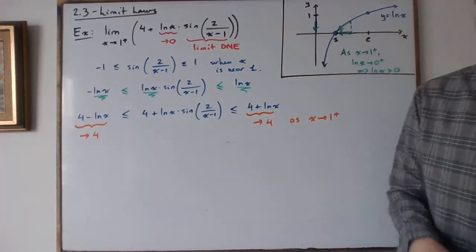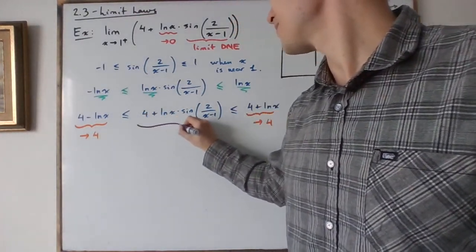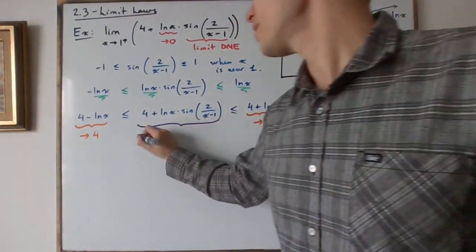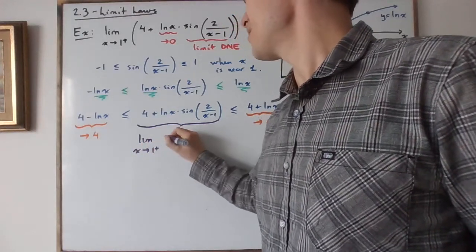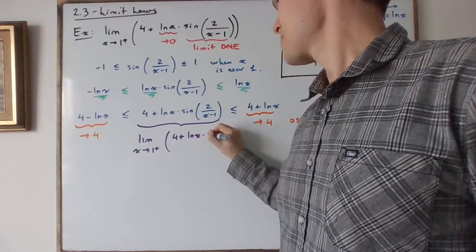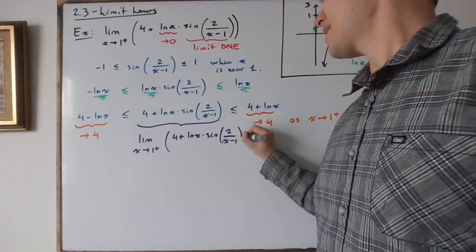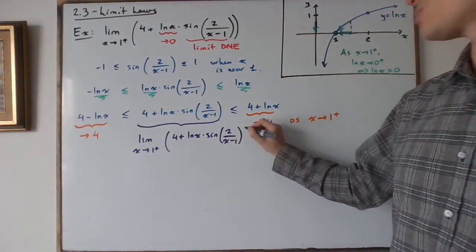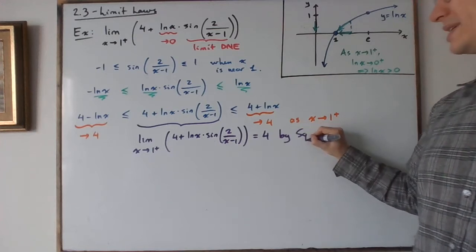So as a result, by the squeeze theorem, you know that the limit of this is also 4. So the limit as x is approaching 1 from above of 4 plus ln of x times sine of 2 over x minus 1 is equal to 4 by the squeeze theorem.